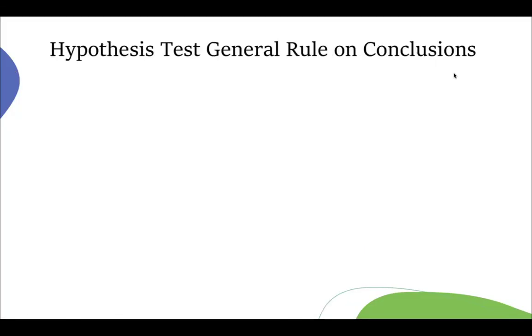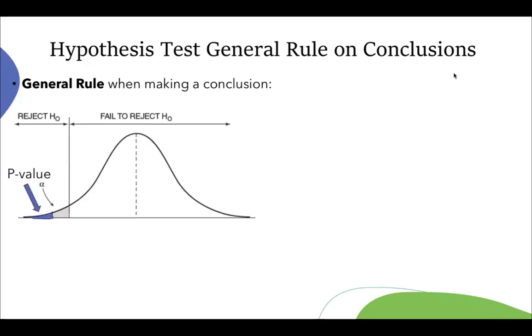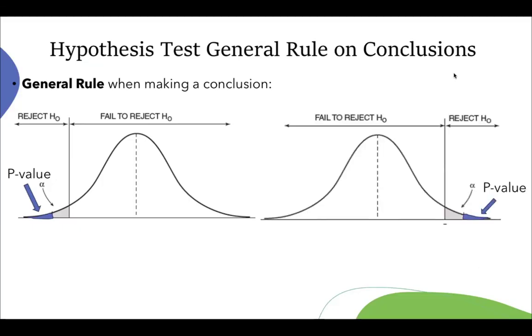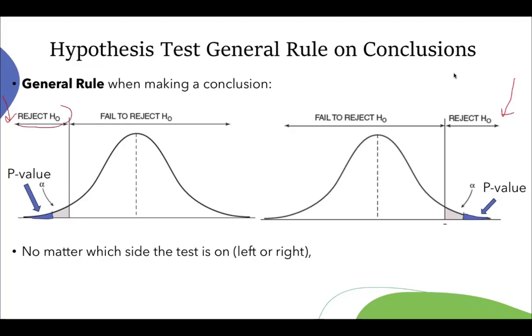A general rule on conclusions: when making a conclusion, you're going to be comparing the p-value to alpha. Sometimes the test will be on the left-hand side, like in this example, and sometimes the test will be on the right-hand side, like in this example. It all depends on the alternative hypothesis. No matter what side the test is on, your p-value still needs to be smaller than alpha in order to reject the null hypothesis.